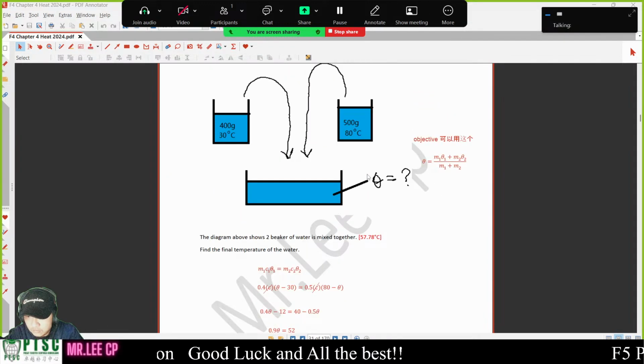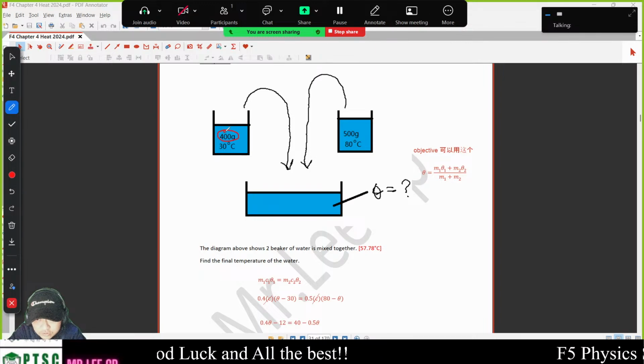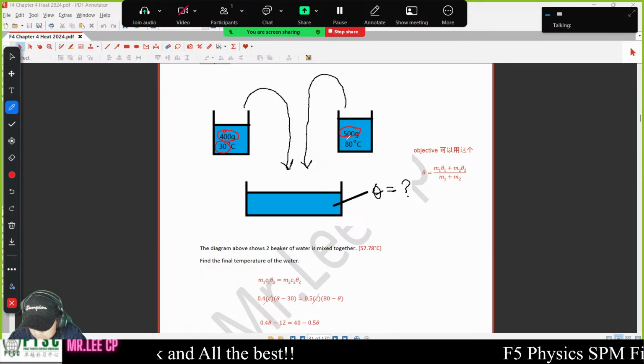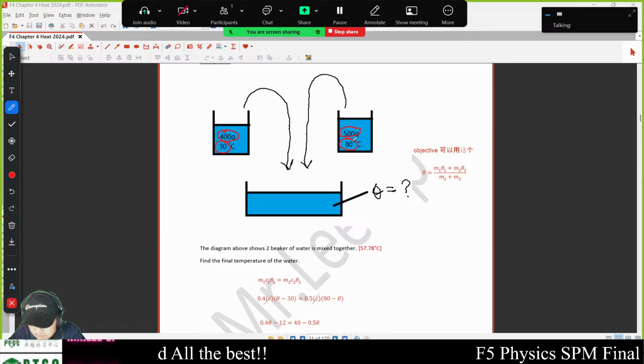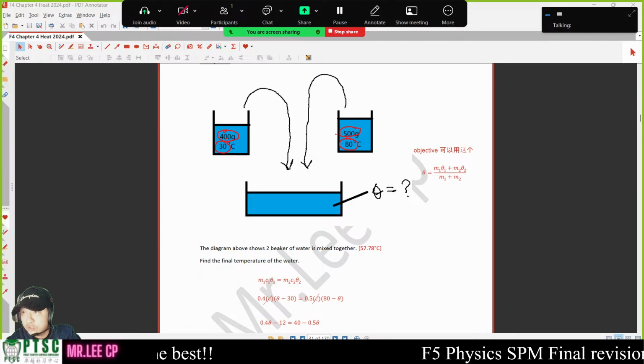Now find the final temperature. If objective, you can use this one multiplied by this one plus this one multiplied by this one, divided by the total mass. Okay, how to do it?